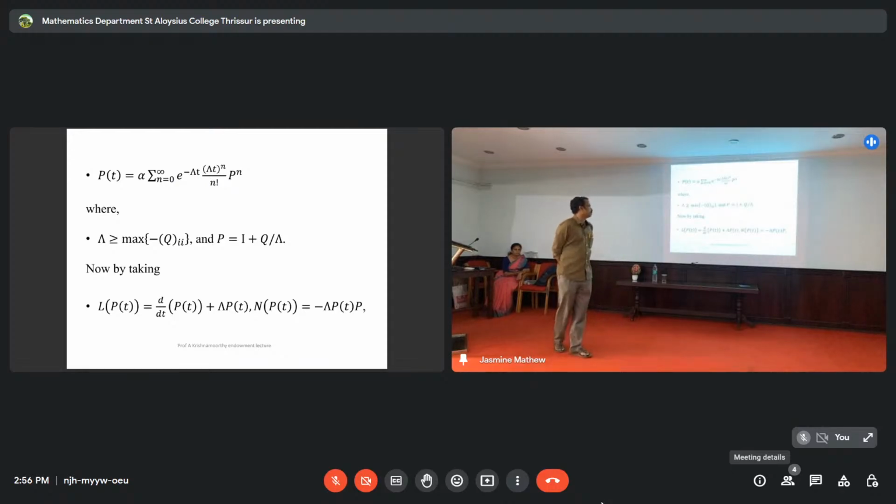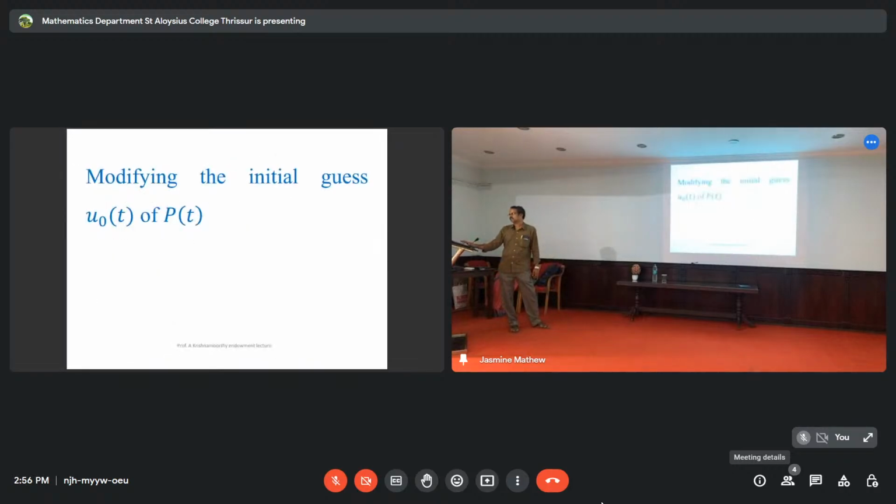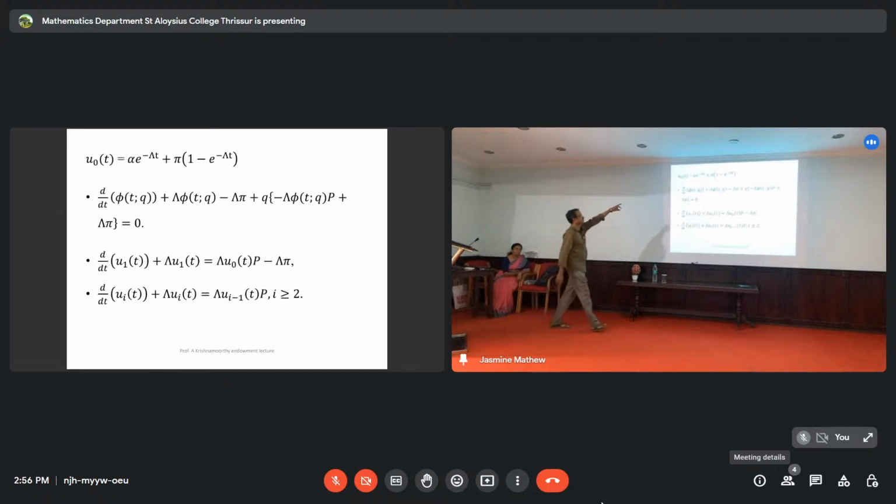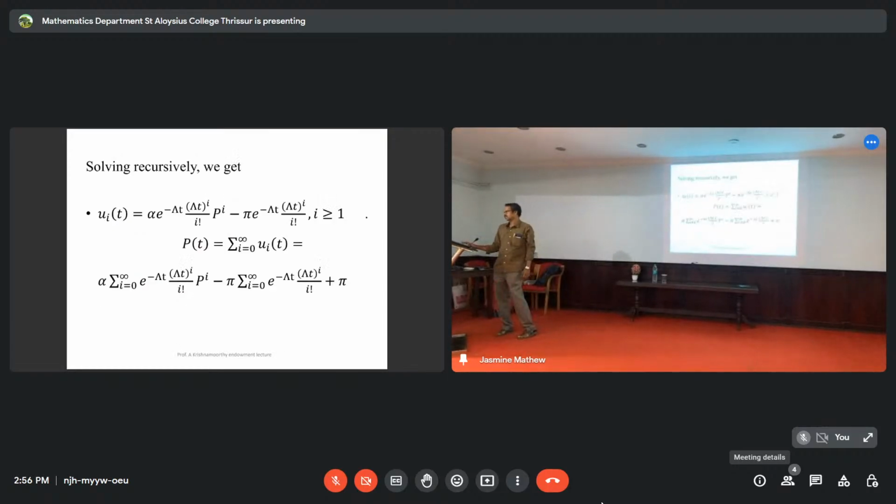Several possibilities can be thought of. Like here, we can think about a change in the definition of L, and then take the initial condition differently. So that will give another possible solution, different from the solution that we obtained here.